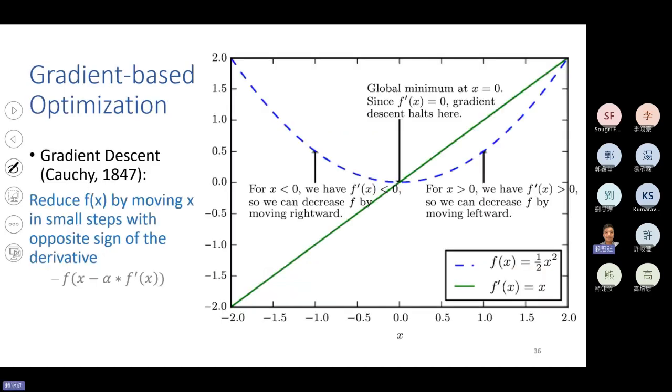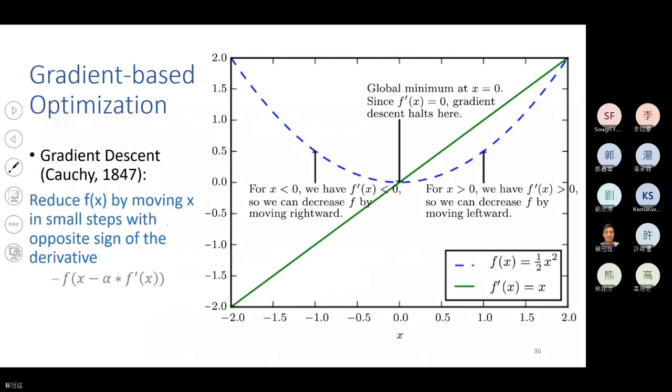Okay, so let's look at the most familiar optimization method, gradient descent. It was actually proposed by Cauchy in 1847, almost 200 years ago. Suppose we have a function f of x, the blue line is our function.